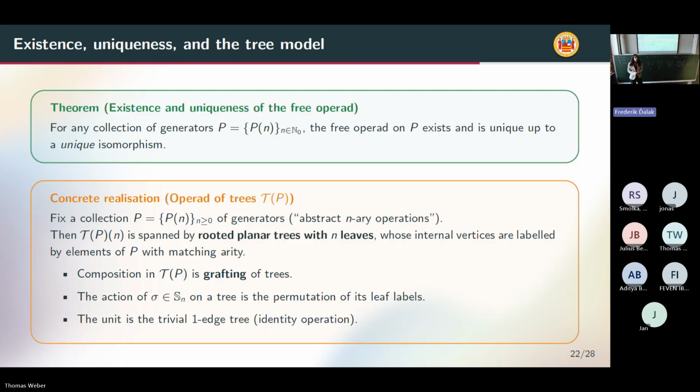They are just like trees, like we have defined them before. But here we have that vertices are labeled by means of generators. So if you have a binary operation, you can use it in order to label a corolla, for example. And so you obtain decorated trees. They form an operad, and this operad is a model for the pre-operad.